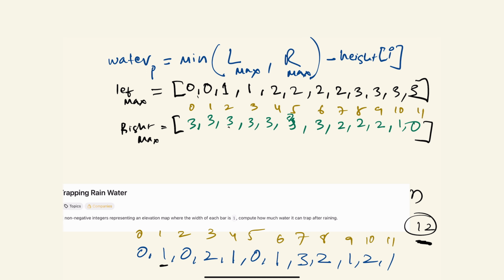It is no more repeated. But the exact order is 1n, 2n, and for the water on each wall I am going to iterate one more time, which is going to be 3n. But since these are fixed values, I am considering the complexity as order of n.